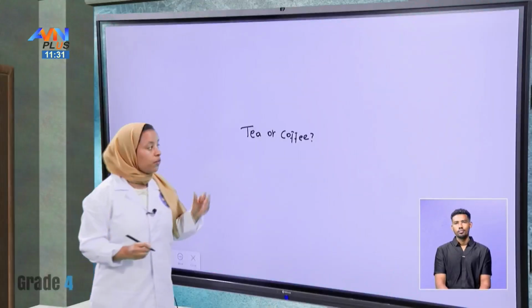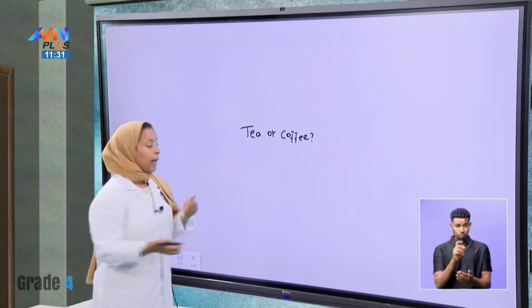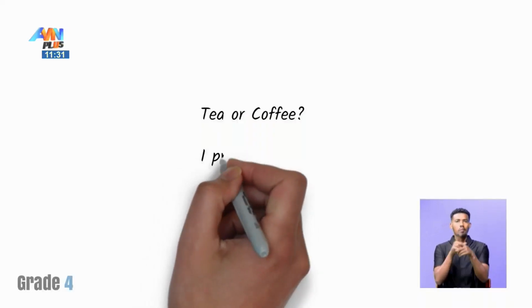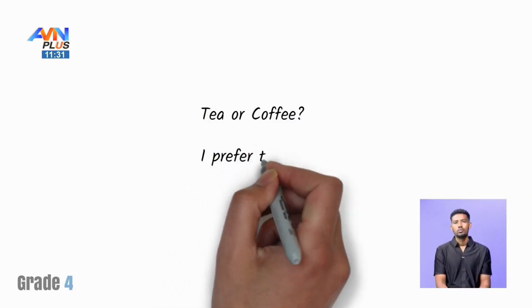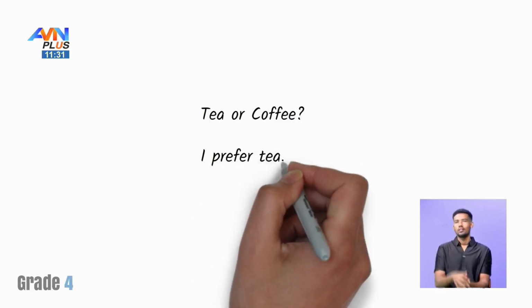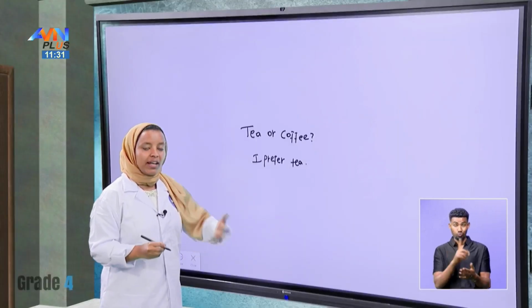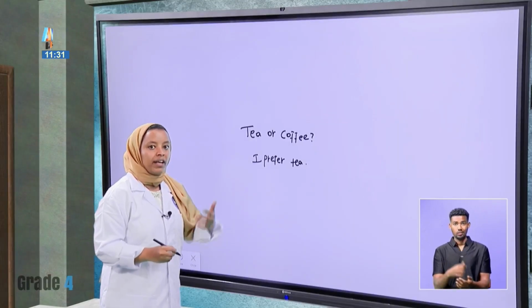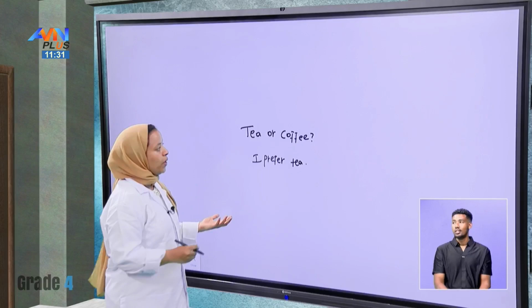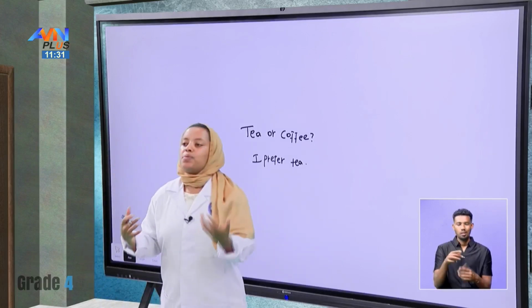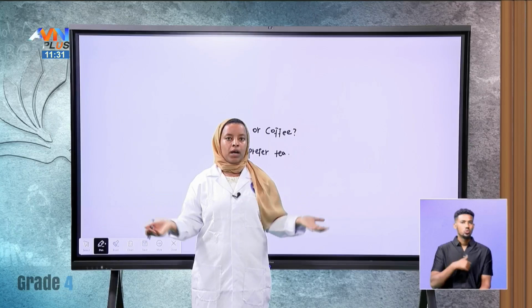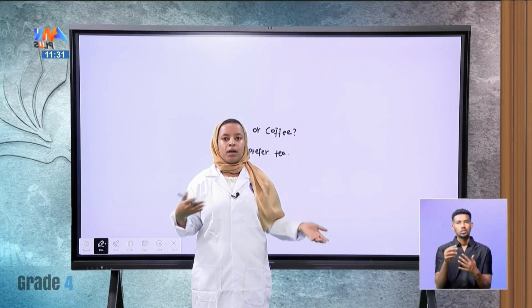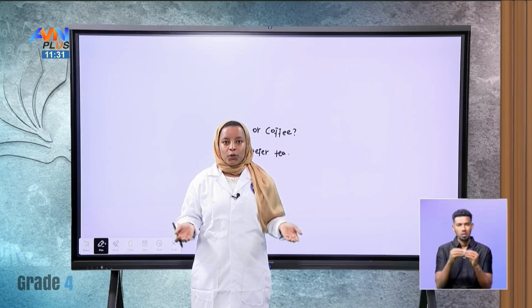When the person asks you tea or coffee, you just say, I prefer tea. It means I like tea. I like to drink tea. This is when we say prefer. It also means like. And when we have choices like tea or coffee, burger or pizza, maths or English.